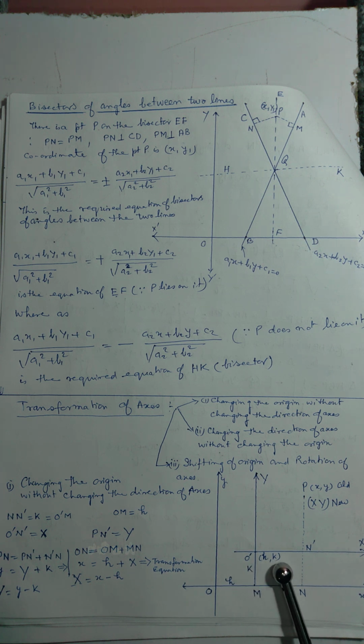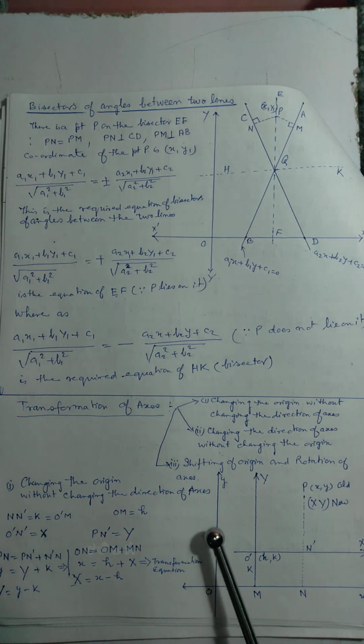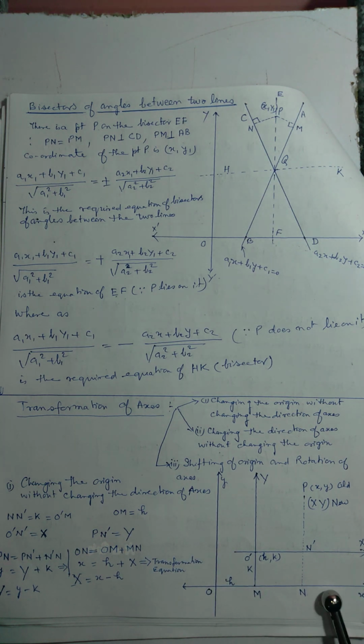The coordinate (h, k) is the point in the original Cartesian plane.